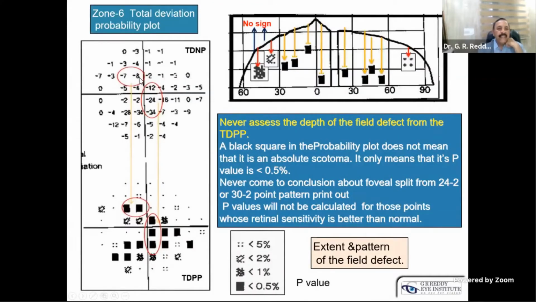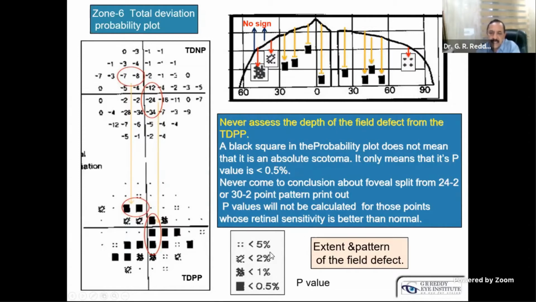From the total deviation numerical plot, we know the depth of the scotoma at each point. Now these deviation values are converted to the probability plot form depending on their p-value. P-value is nothing but how commonly it is seen in the normal population. If this deviation is seen in 5% of the normal population, this symbol is given.